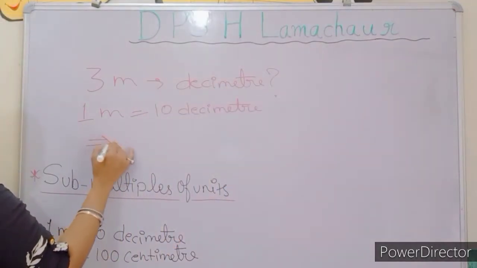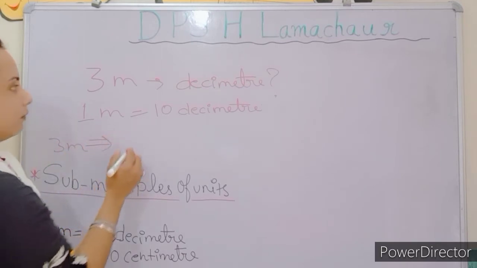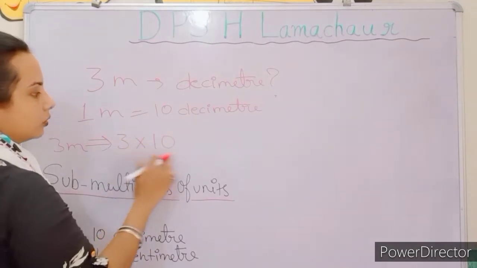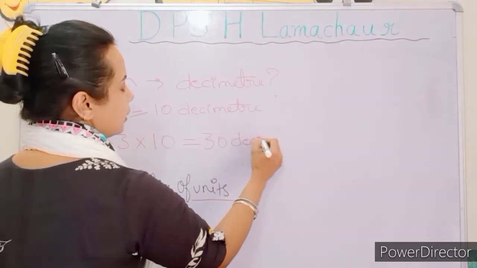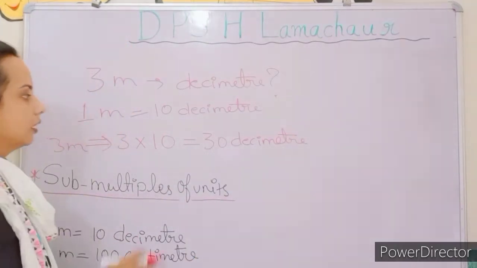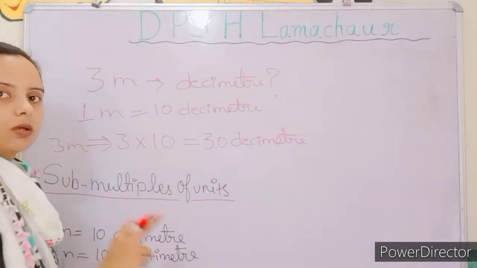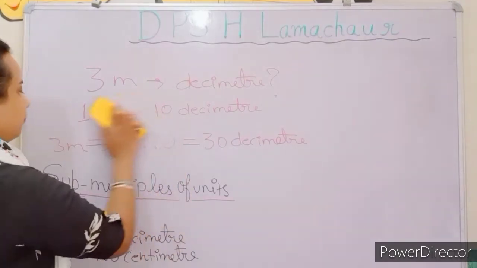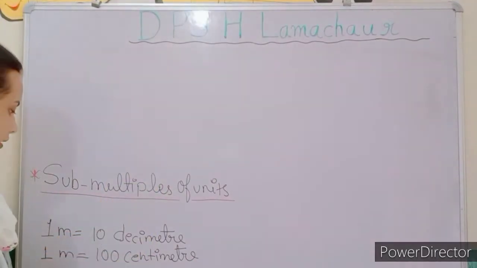So in 3 meters, how many decimeters? We will just multiply by 3. So the answer will be 30 decimeters. Understood? We multiply the number of meters by 10, because in 1 meter there are 10 decimeters.